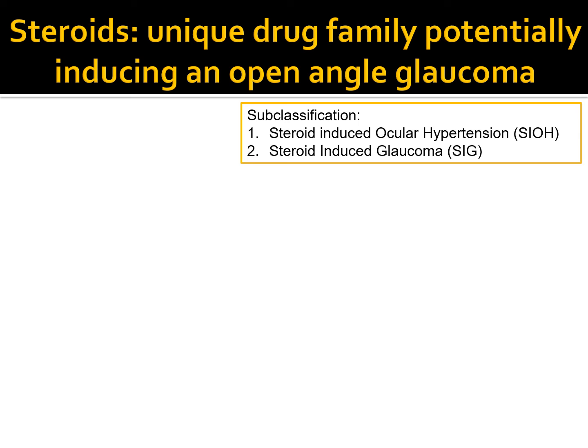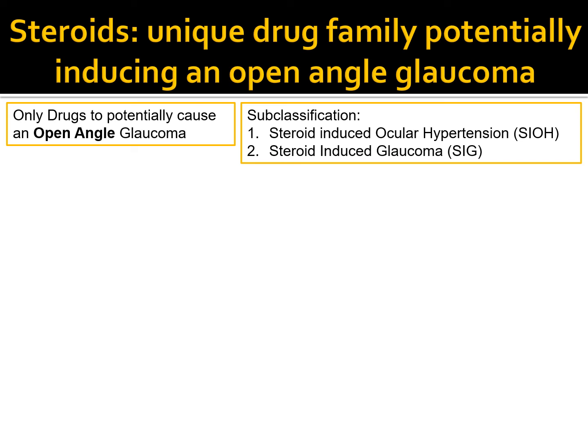Patently what that means is that some people will have it and they don't get glaucoma even though it increases the pressure, and other people will develop signs of frank glaucoma. And obviously it depends on how much you're doing it. If you raise the pressure for a week because you're treating some acute inflammation, it's probably not going to cause it anyway. But certainly they cause an open angle glaucoma.